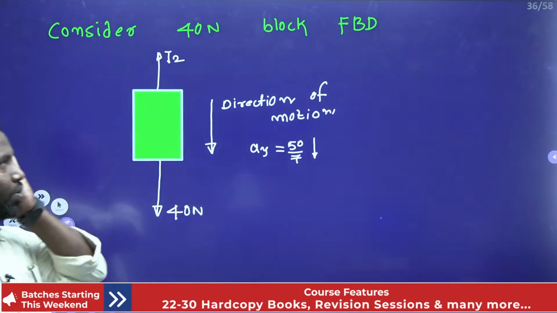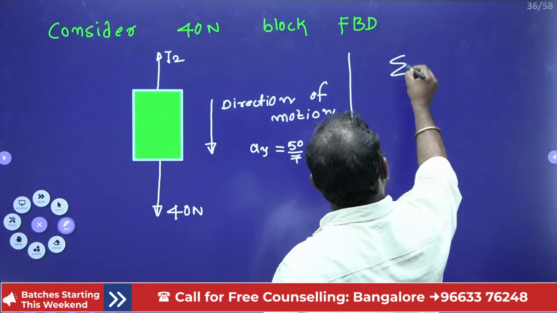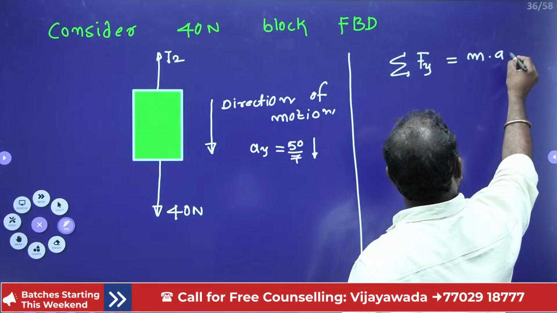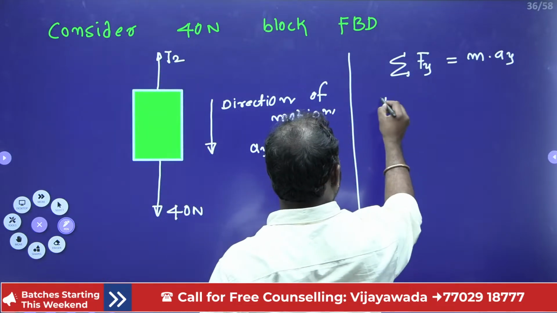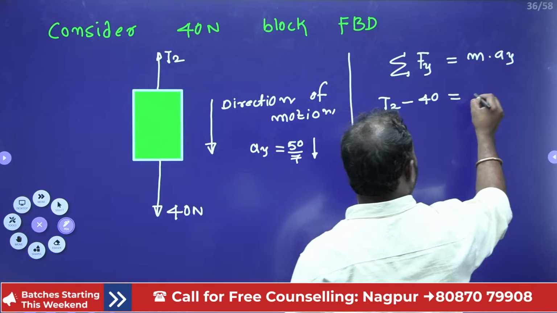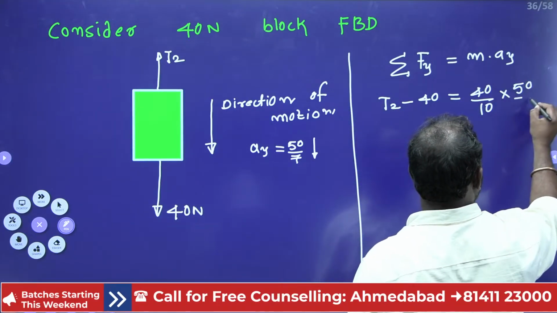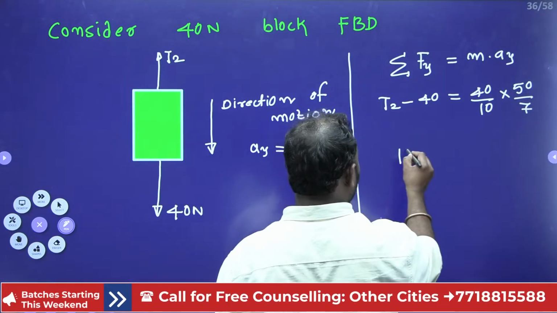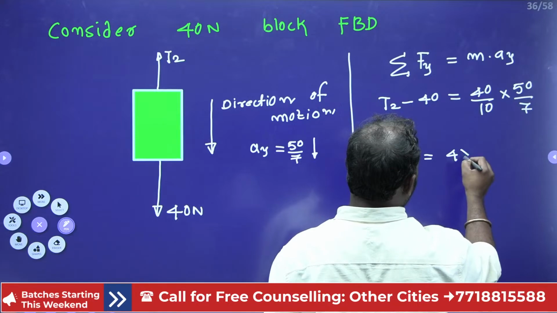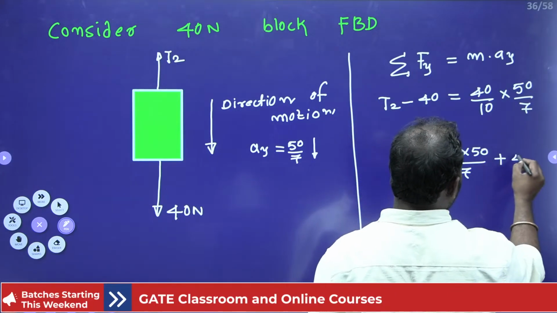Now write the equation, sigma Fy is equal to m times a_y, right? Now here it is going to be T2 minus 40 Newtons is equal to 40 Newton by 10 into 50 by 7, right? Now if I solve this equation, it is 4 into 50, that is 200 by 7, plus 40, right?